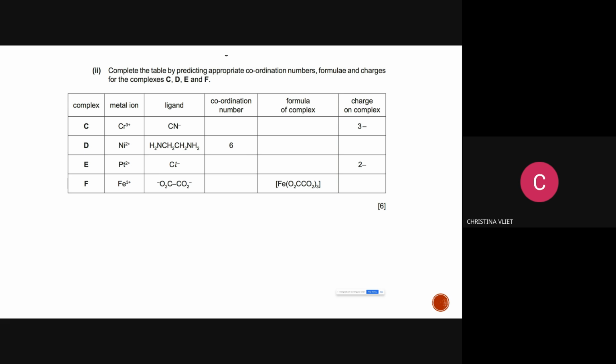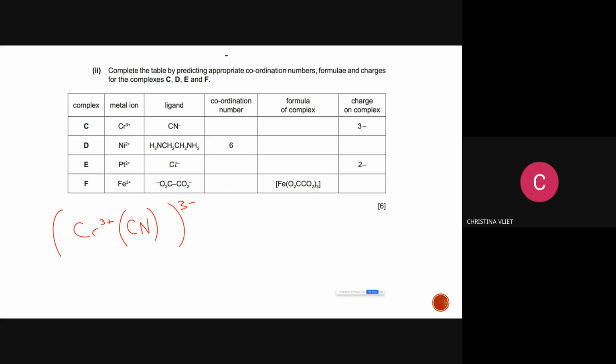How could you do that? If I were to put chromium with CN, how would I know how many CNs I need? This overall is 3-. So what would we do? This is fixed. You have one of these. So what can you change the amount of? This. What's the charge of CN?